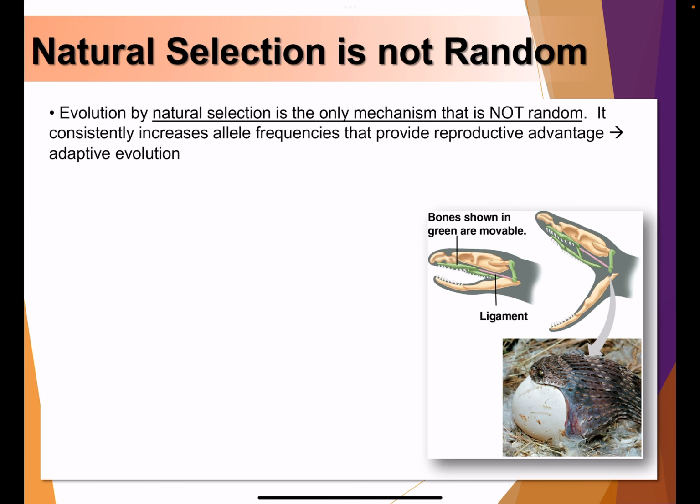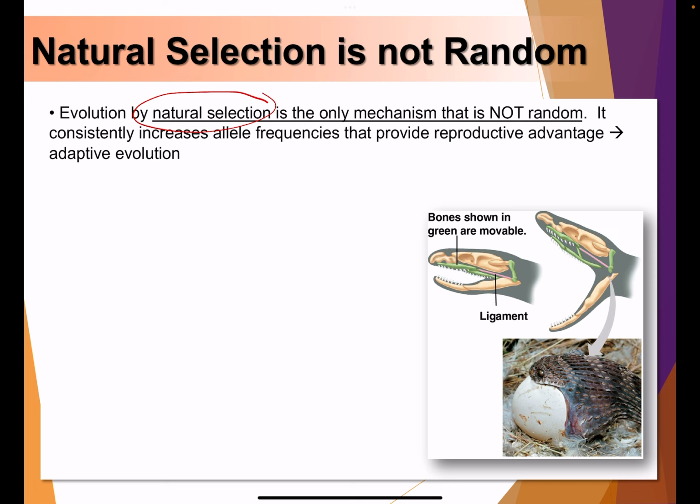The last portion of this chapter then focuses on different types of selection you can have under the big umbrella of natural selection. Remember, I mentioned that evolution by natural selection is the only mechanism that is not random, because we talked about natural selection, genetic drift, and gene flow. Genetic drift is by chance alone.